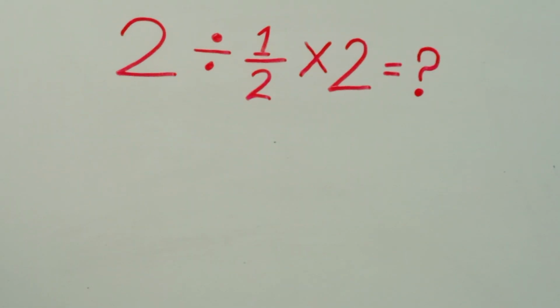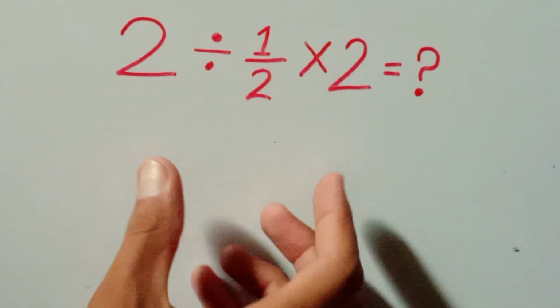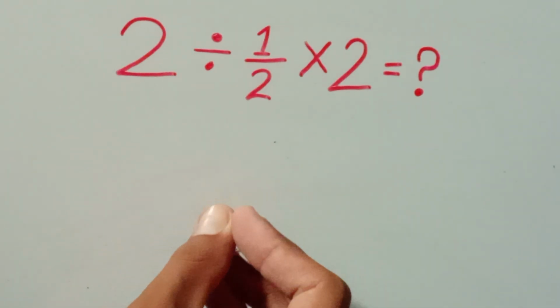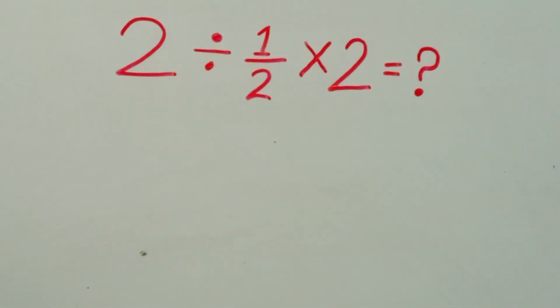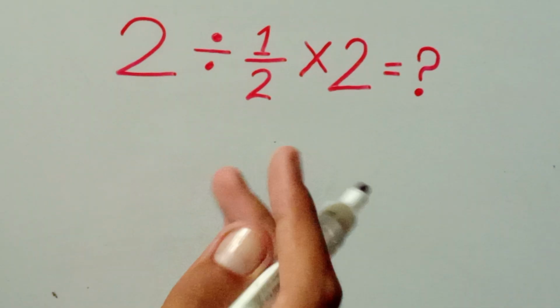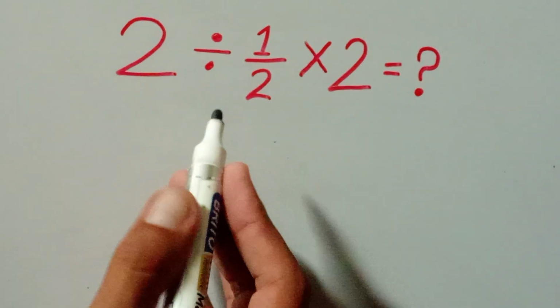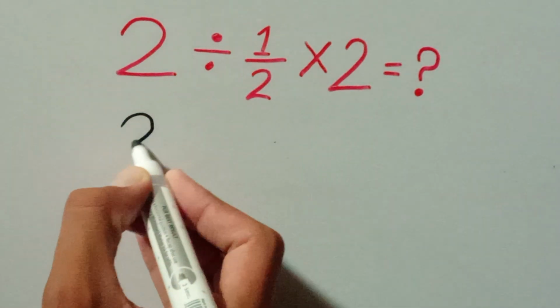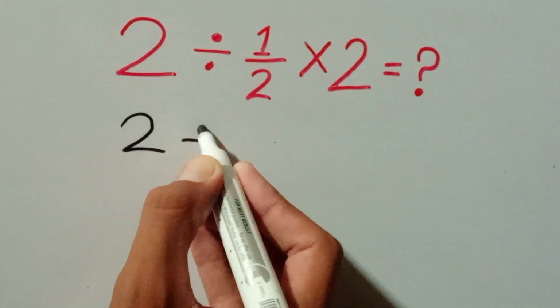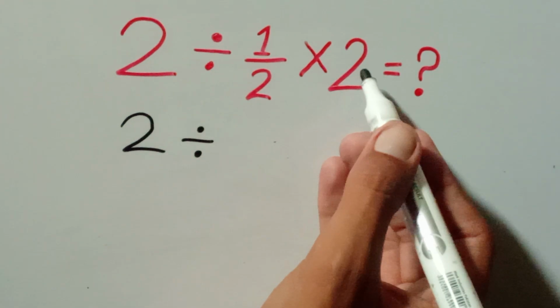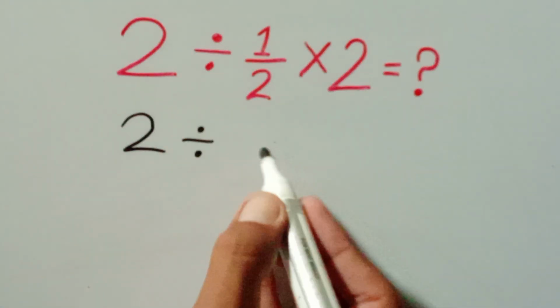So in this video I will tell you about the PEMDAS rule, which is very important for mathematics calculation. Mostly people get this question wrong and solve it as 2 divided by... they cancel these two and these two with each other.